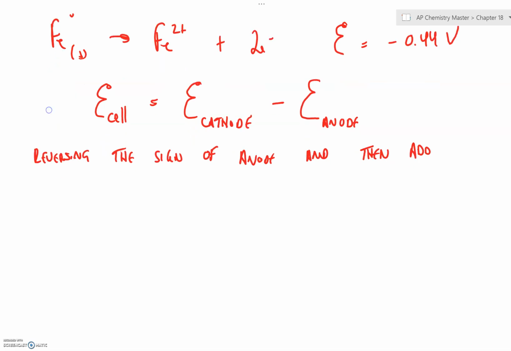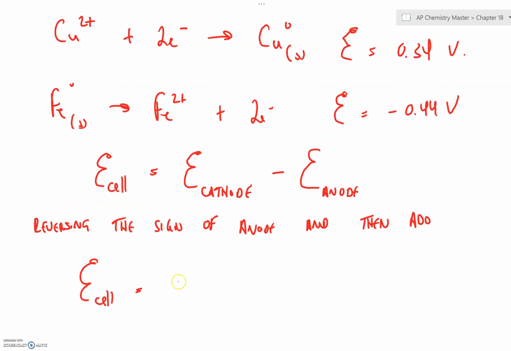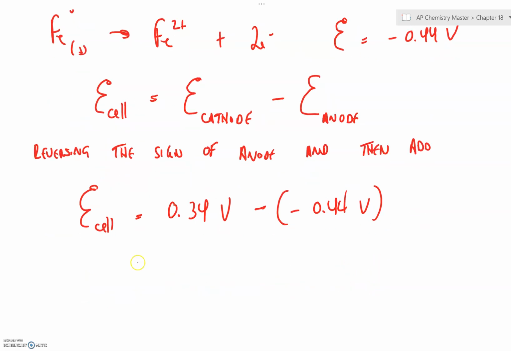So in other words, you could look at it a couple ways. For you math geeks, we're going to say 0.34 volts is our cathode minus negative 0.44 volts, or since we're just reversing the sign, 0.34 volts, and we're just adding 0.44 volts.